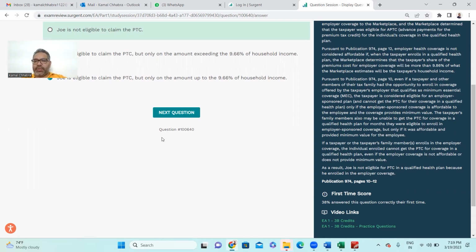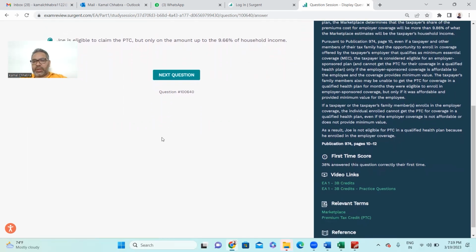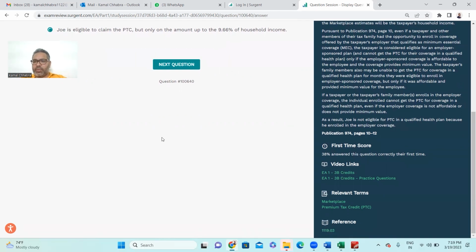According to the publication, even if the taxpayer and other members of their tax family had the opportunity to enroll in coverage offered by the taxpayer's employer that qualifies as minimum essential coverage, the taxpayer is considered eligible for the employer-sponsored plan only if the coverage is affordable to the employee and provides minimum value. The taxpayer's family member may also be unable to get PTC for coverage in a qualified health plan for the months they were eligible to enroll in employer-sponsored coverage, but only if it was affordable and provided minimum value.